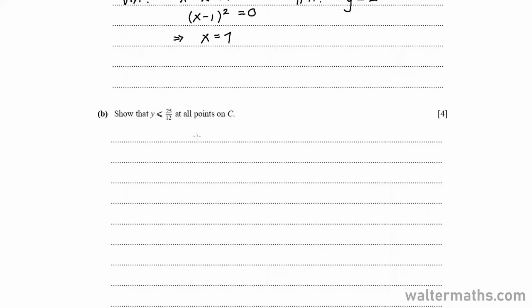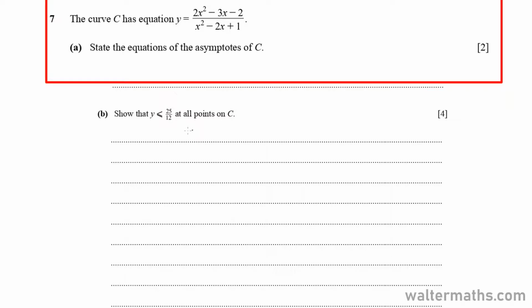So what we're going to do is try to come up with a quadratic equation so that we use the discriminant to determine the values of y that are on the curve C. So I'm going to multiply both sides of the equation by the denominator. So I'll be having y of x squared minus 2x plus 1, and that will be equal to 2x squared minus 3x minus 2.